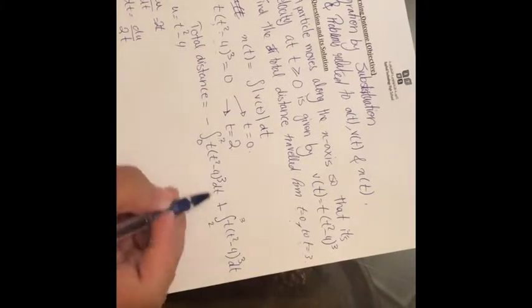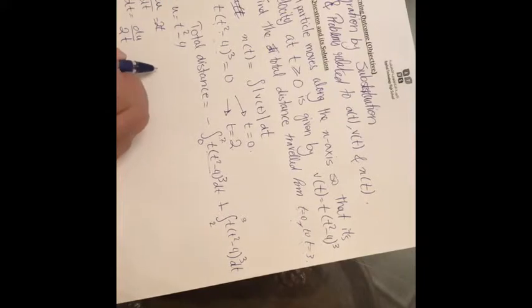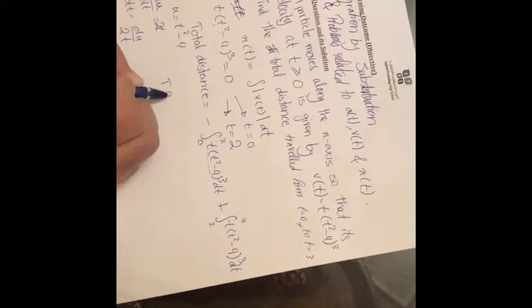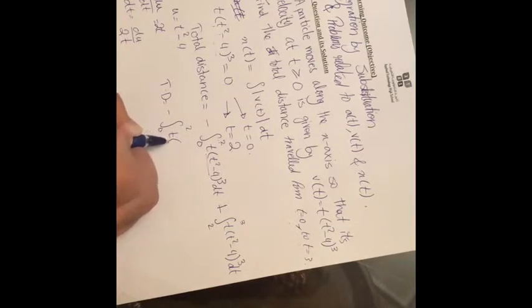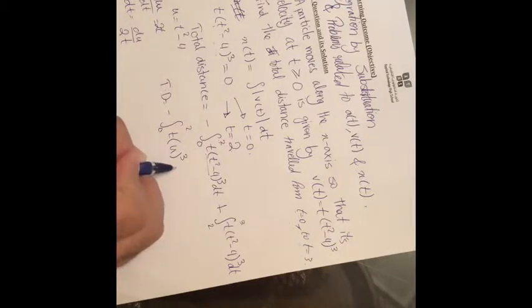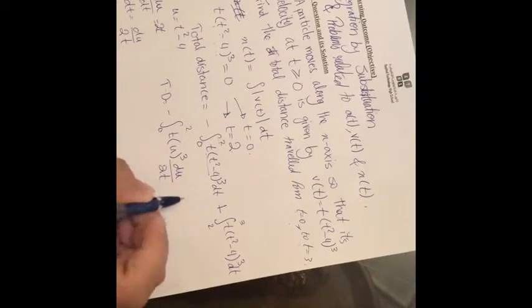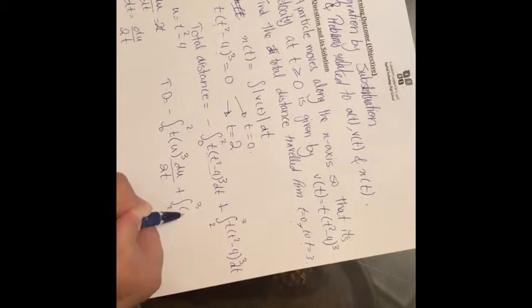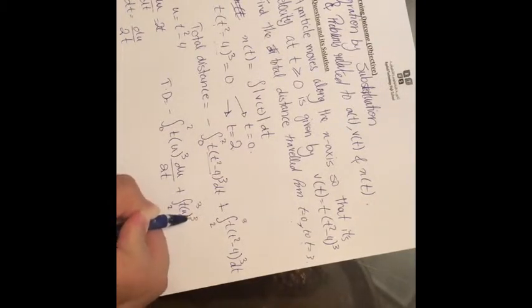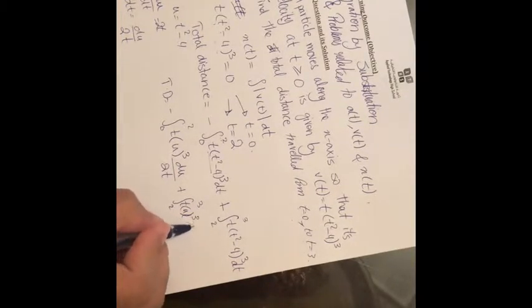Now we will substitute the u in both integrals. So the total distance is equal to minus the integral from 0 to 2 of t times u cubed, and instead of dt we put du over 2t, plus the integral from 2 to 3 of t times u cubed, also with du over 2t.